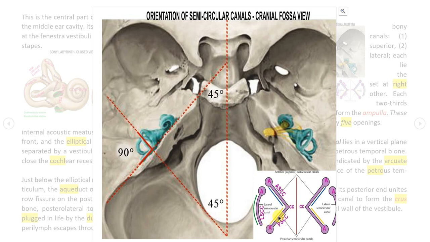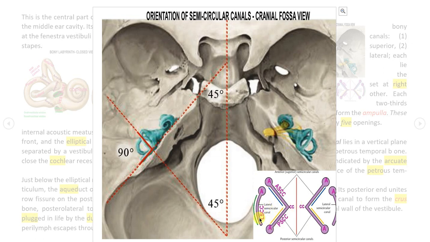Posterior semicircular canal is placed posterolaterally. And lateral semicircular canal is in transverse plane. Again, this anterior canal is in anterolateral plane, posterior canal is in posterolateral plane, and lateral canal is in transverse plane.